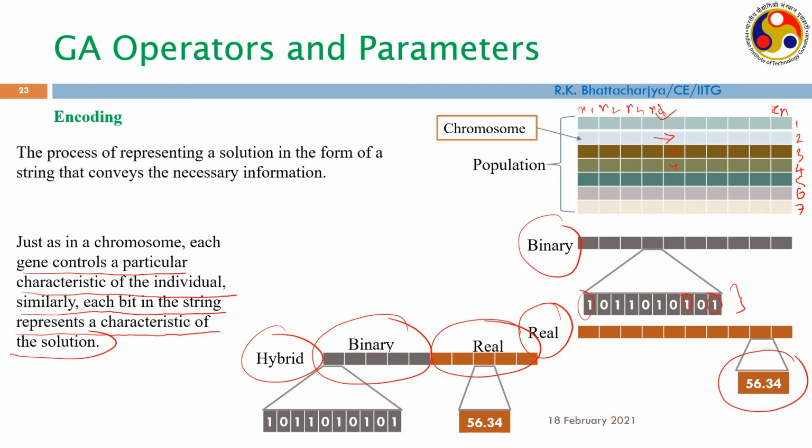Right now we will discuss binary coded GA, that means we will consider a binary chromosome, and later on we will also discuss real coded. We will also discuss the disadvantages of the binary string and how you can overcome them by using real values. But right now we'll discuss the binary coded GA, binary string.